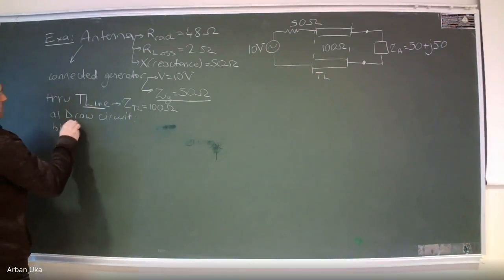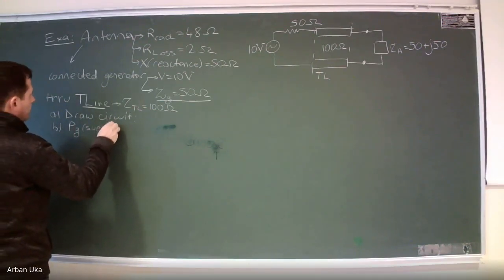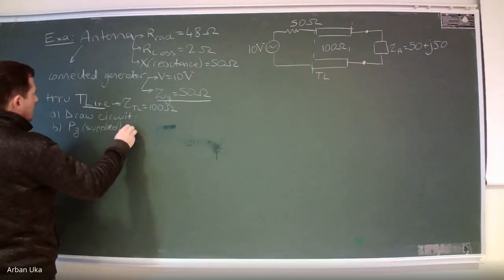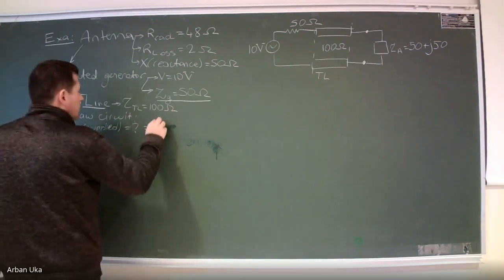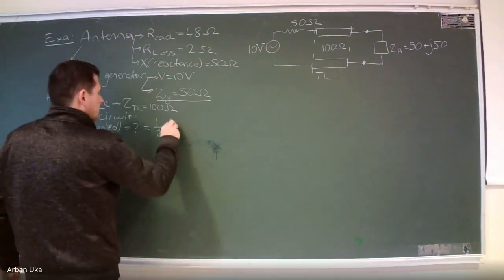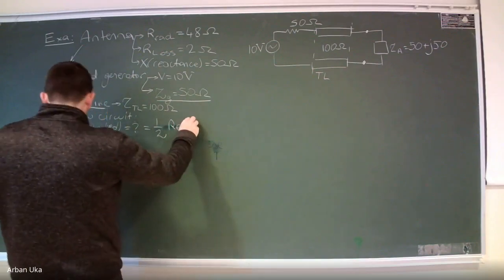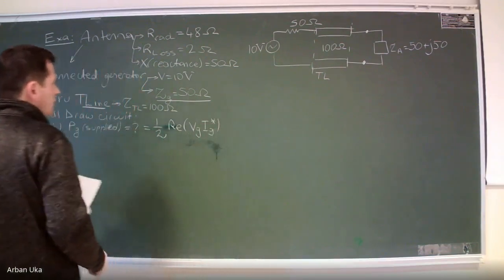So P. And the power supplied by the generator is going to be equal to 1/2 times the real part of the voltage of the generator times the current of the generator.